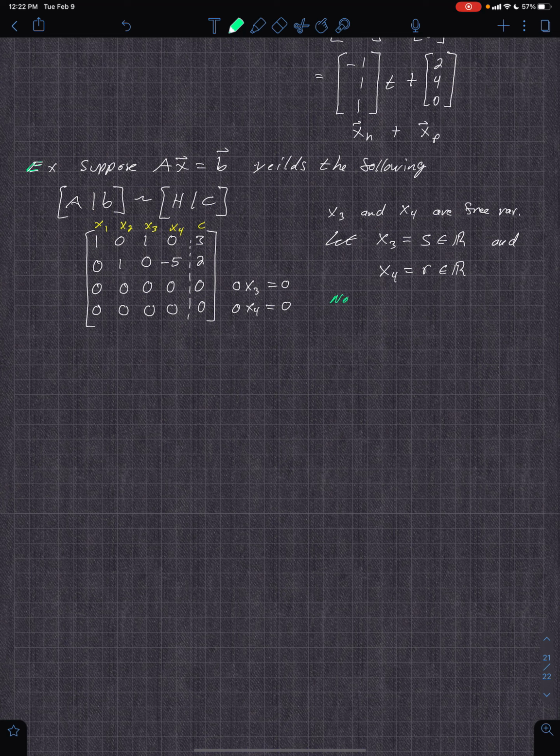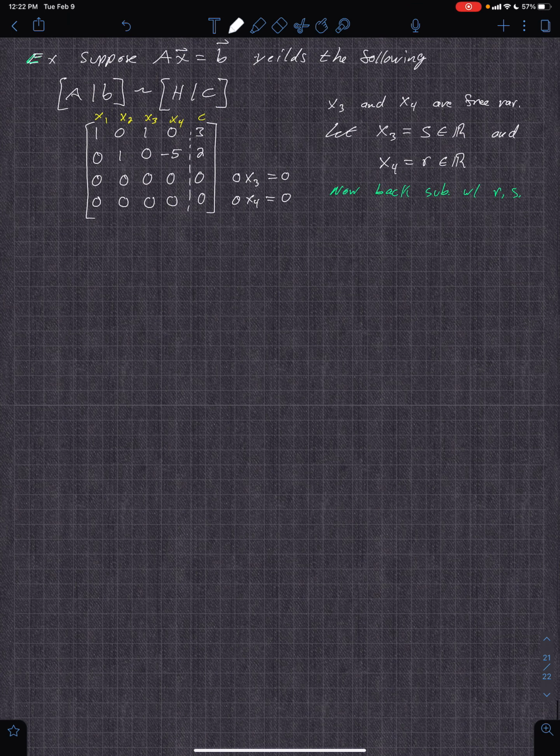So now back substitute, just replacing or substituting with r and s. You get the idea. So this is what you're using here. And you could write that all out.